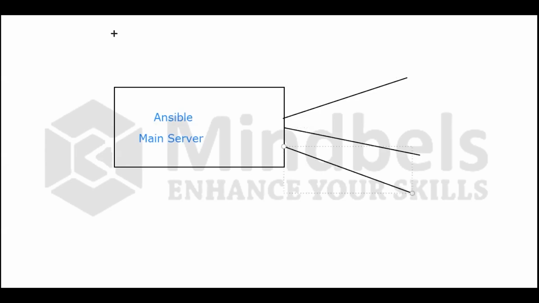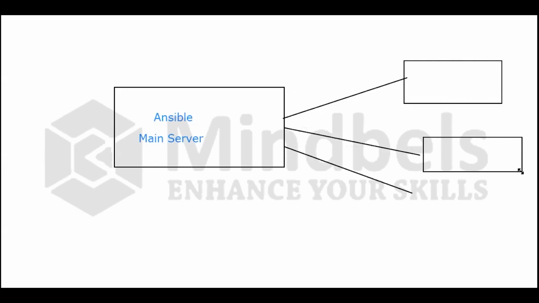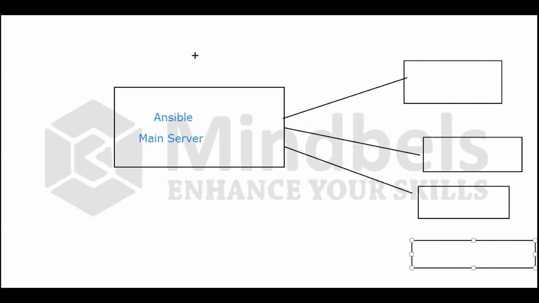So this is our host one. This is our host 2, and let me take host 3, host 4. So these are the different hosts which are connecting to this node.